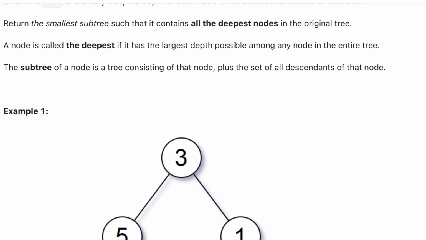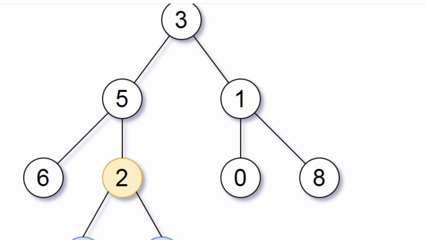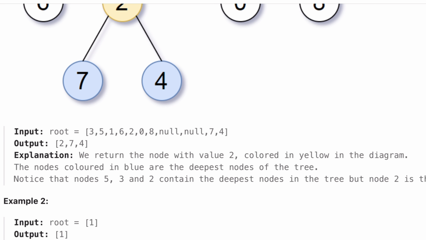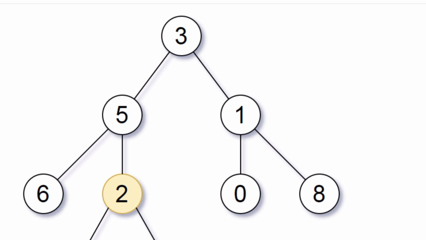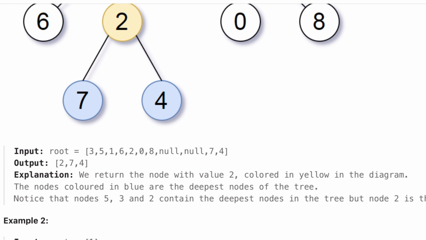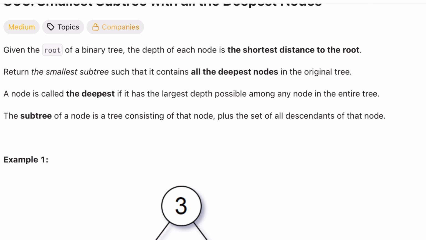The subtree of a node is a tree consisting of the node plus the set of its descendant nodes. So as you can see here, the subtree 2, 7, and 4 is the deepest subtree. We'll discuss this problem in detail and how we'll solve it.